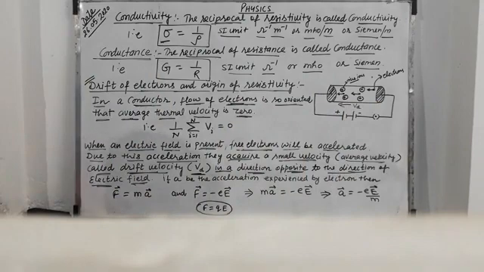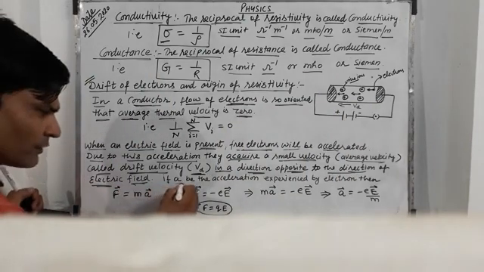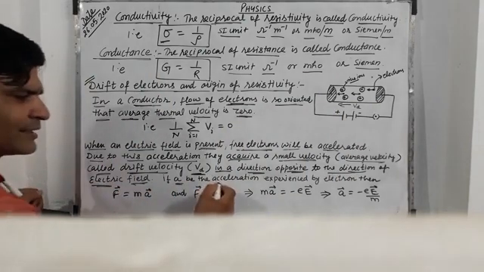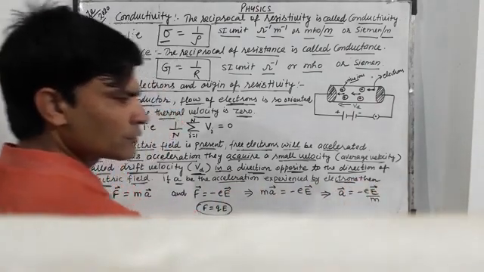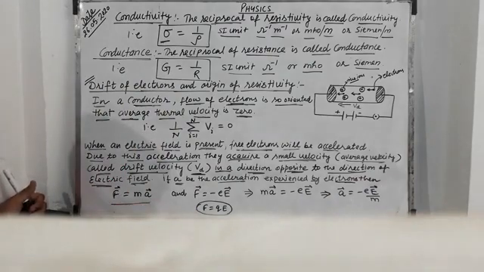Okay, so if small a be the acceleration experienced by electrons, then we know that F is equal to ma.